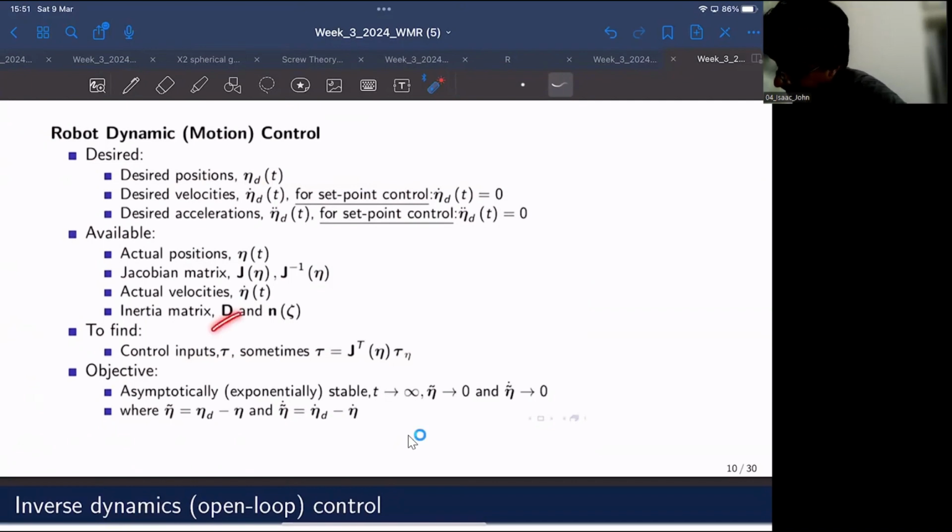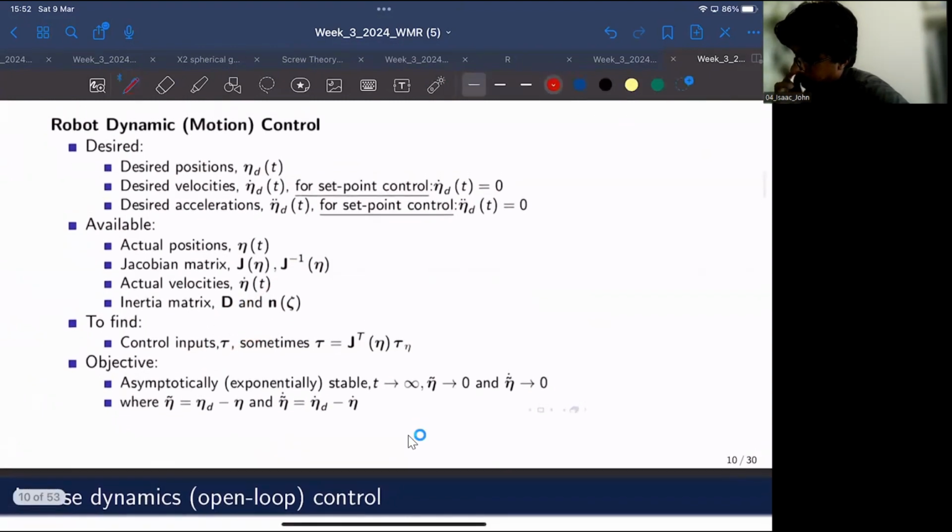We also have the inertia matrix and the vector of Coriolis force, because now we know how to model the dynamics of a mobile robot, which is nothing but tau equals D of theta, theta double dot, plus n of theta. And again, our objective is to find the control input vector, torque.